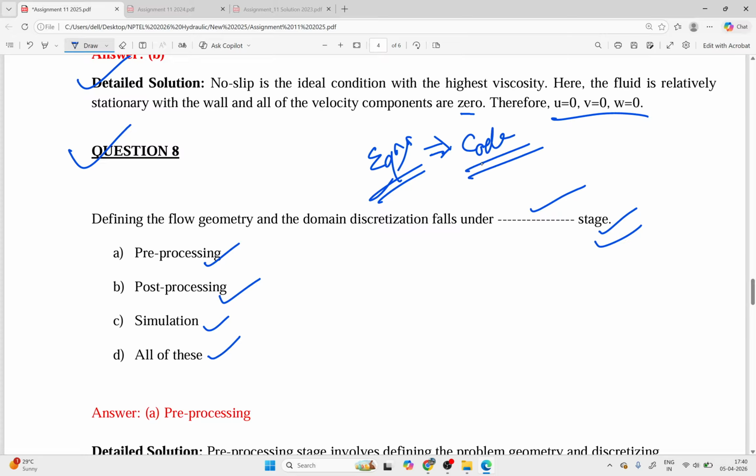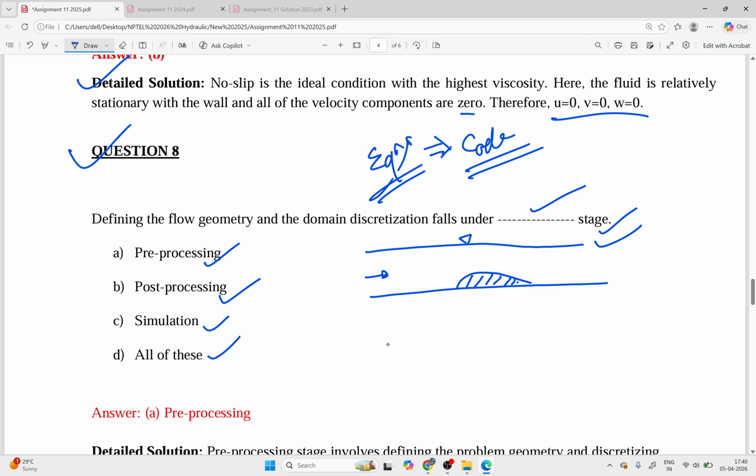Once you are ready with this, you have to define your problem. Let us suppose I am going to solve what will happen if water flows over a hump. How will the flow behave?